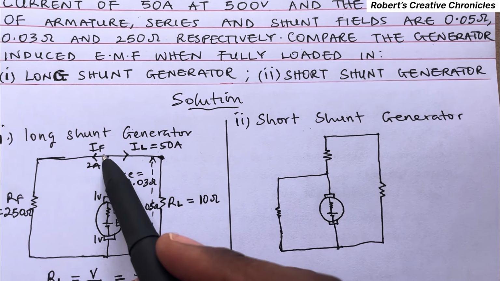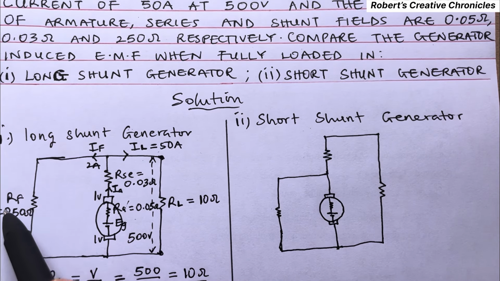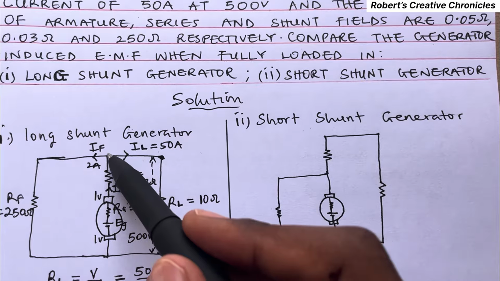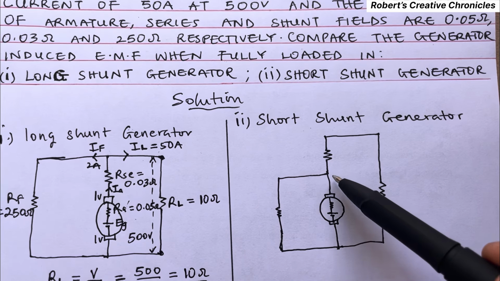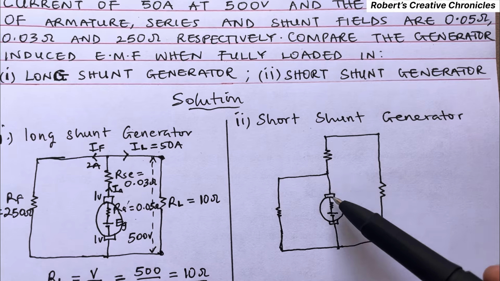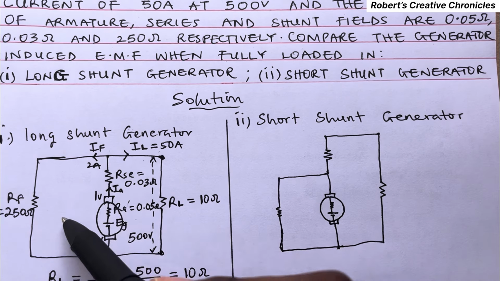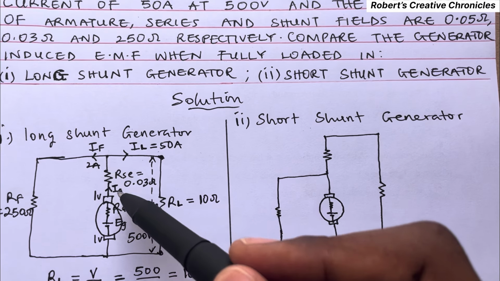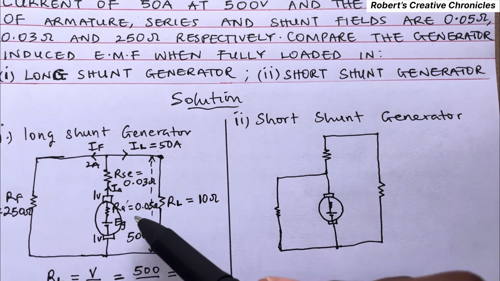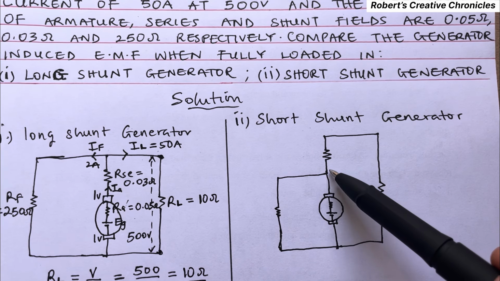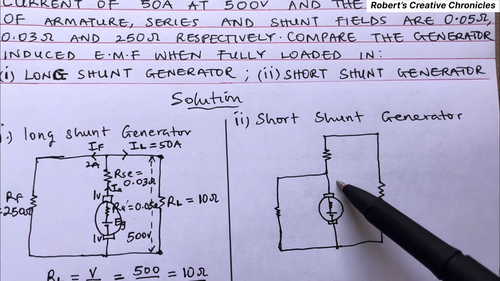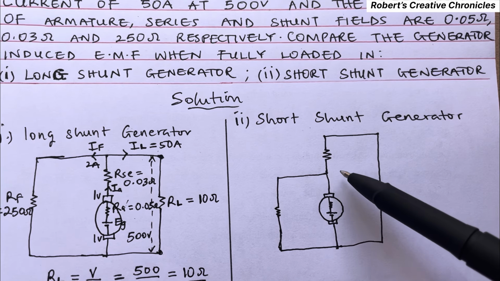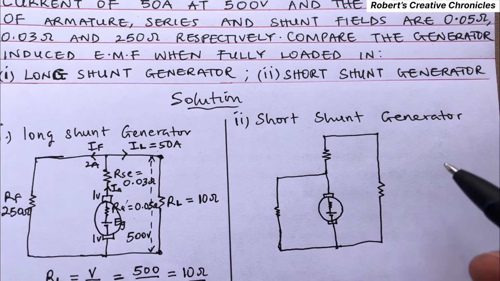Whereas in this case, this field or shunt resistance is connected from here to here. Here it is connected in parallel only to the armature resistance. In the long shunt, the shunt field is connected in parallel to the series connection of this and this. Here it is only connected in parallel with only the armature. It does not include this. So it's from here to here.